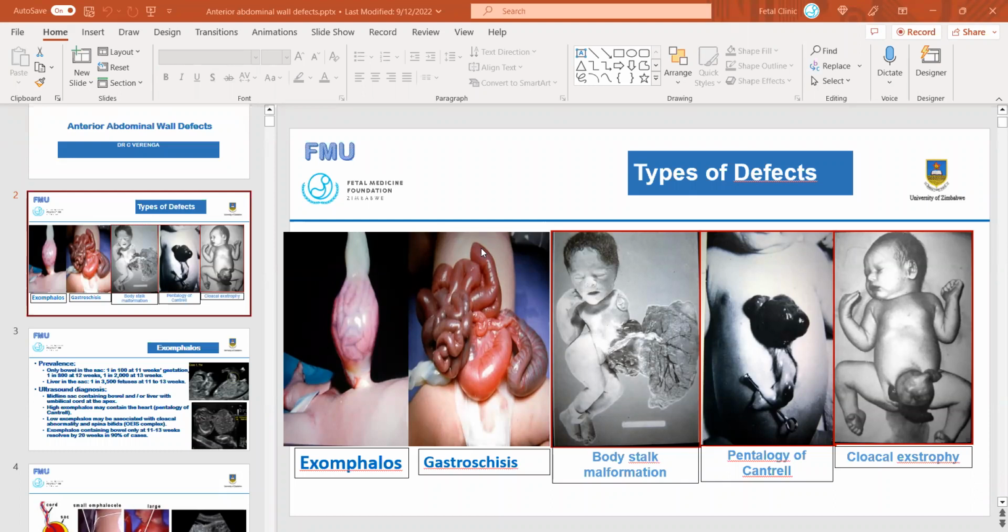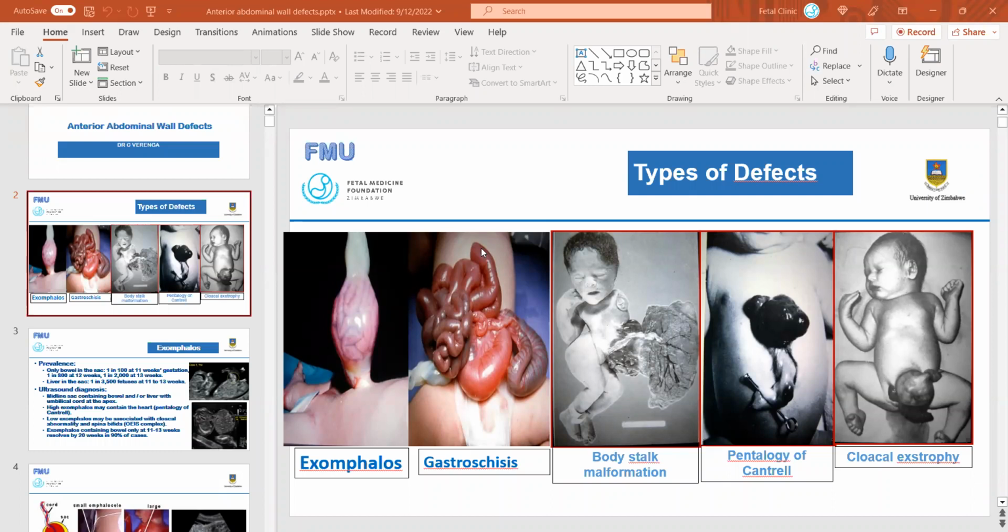We said in about half of the cases, there's an association with either trisomy 18 or 13. So these babies invariably have to be offered karyotyping. The couple may decline, but you have to offer and you have to document that karyotyping has been offered, because in half of the cases, you are dealing with trisomy 13 and 18.